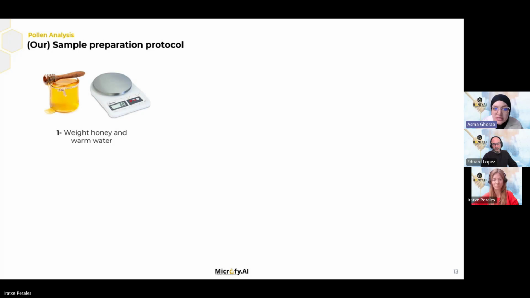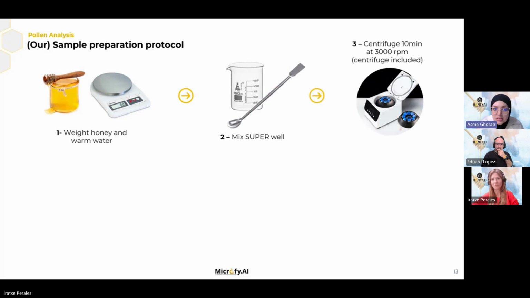You just have to follow the steps. So we're starting by weighing the honey. But before weighing, you have to mix it well, and then add the water and dissolve the solution completely. You have to confirm that the solution is very well dissolved, and then centrifuge for 10 minutes at 3000 rpm.